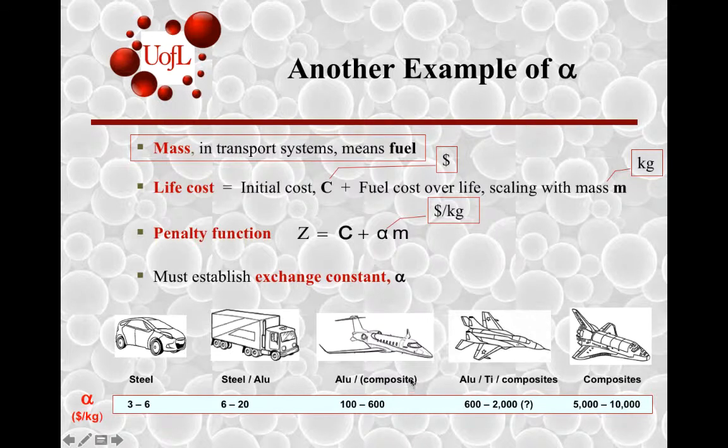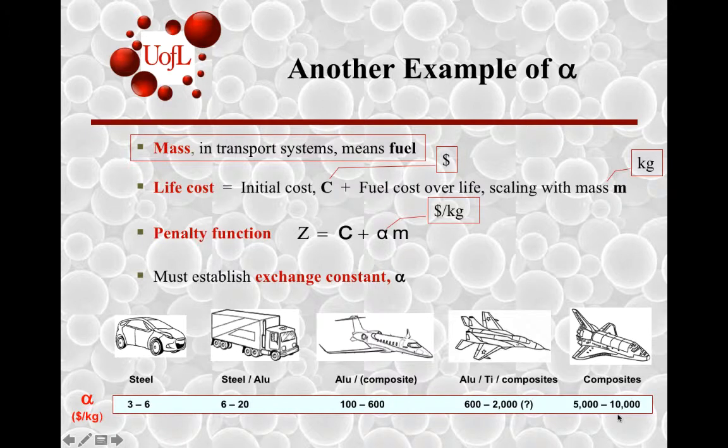Or for certain kinds of glass reinforced composites, you would pay that much more for a more expensive material to reduce a kilogram of weight, because the densities keep reducing as you go from steels to composites.